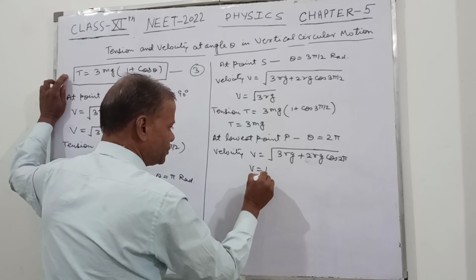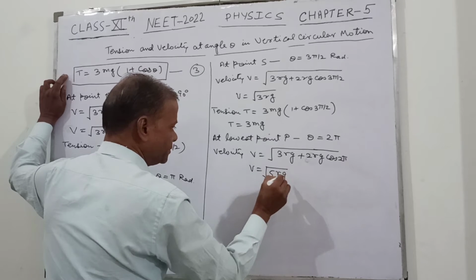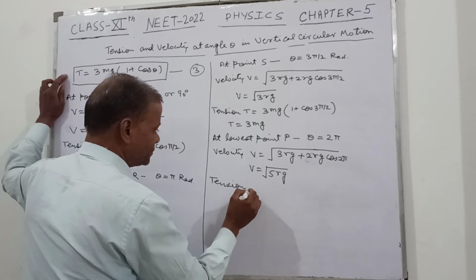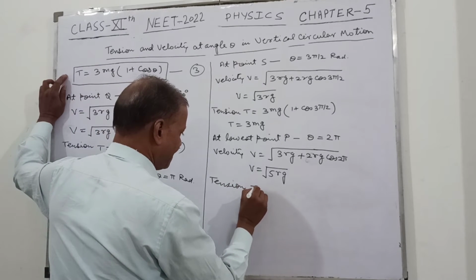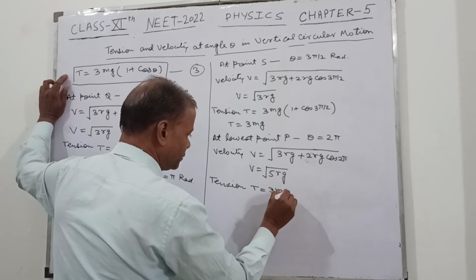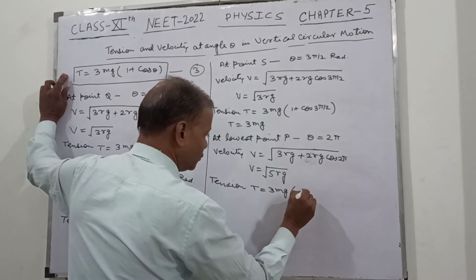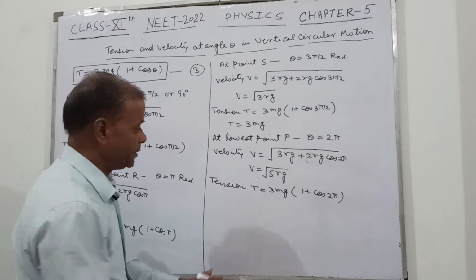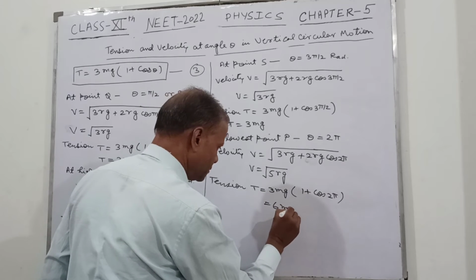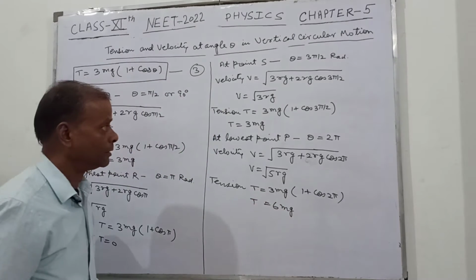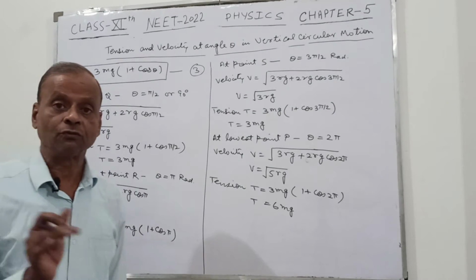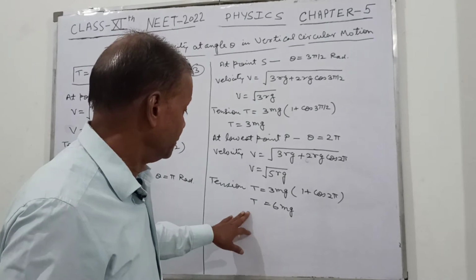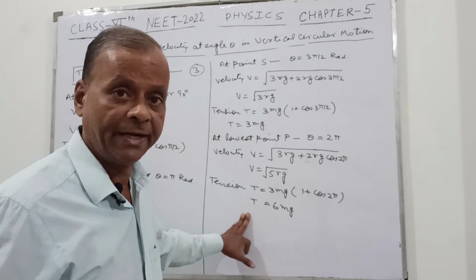So this V equal to square root of 5 Rg, and the tension T is equal to 3 mg into 1 plus cos 2 pi. Cos 2 pi equal to plus 1. So this will be equal to 6 mg. This is equal to T. So now you can get the conclusion from this, that what will be the tension and the velocity at the different points.